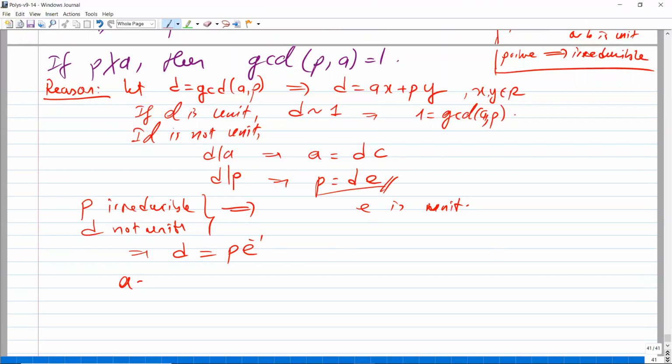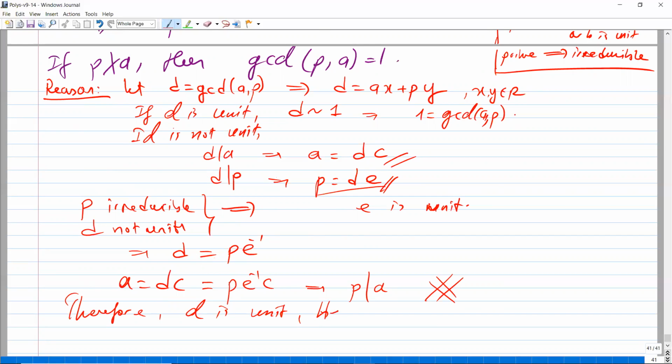A is equal to D times C, and D is equal to P times E inverse, so A equals P times E inverse times C, so that P divides A, and this is a contradiction. Because we assumed that P does not divide A. So this is a contradiction. Therefore, D is a unit.